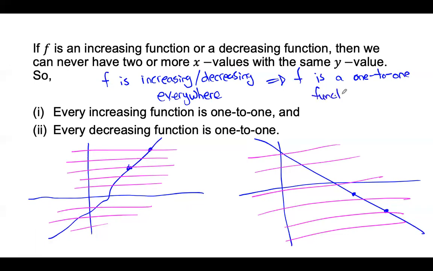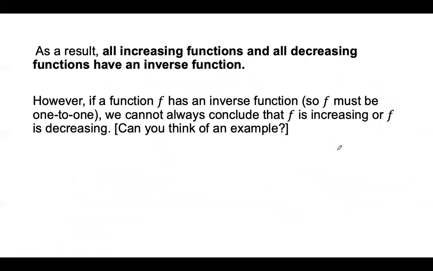So if it's a 1 to 1 function, what does this imply? And therefore it has an inverse, right? So then these increasing, decreasing functions everywhere have inverses. And you can just draw a little sketch to understand it more deeply.